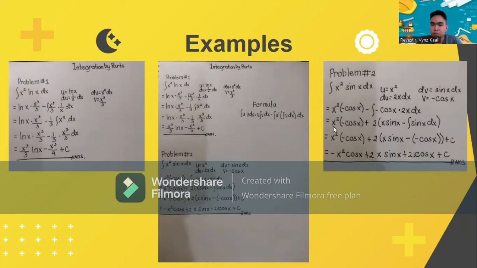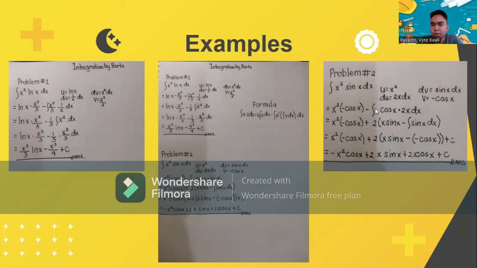So equals x squared times negative cosine x. We're going to distribute the negative sign. So we're going to change to positive, put out the constant 2, and factor out.